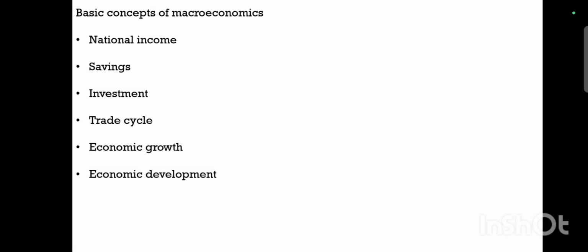Economic development implies economic growth plus progressive changes in certain important variables which determine the well-being of the people, for example education, health, etc. So, economic growth is a quantitative dimension, an increase in the real national income over a long period of time. Economic development is a qualitative dimension. It implies economic growth plus progressive changes.